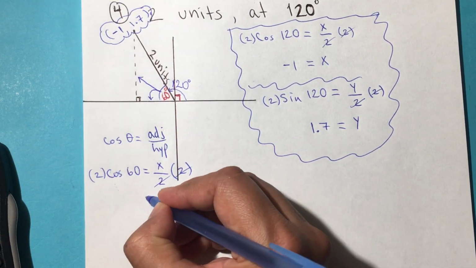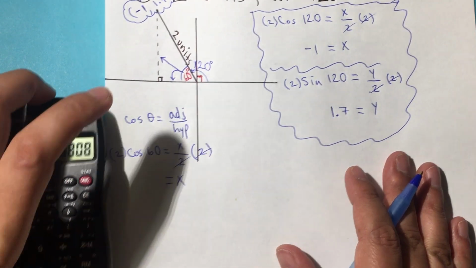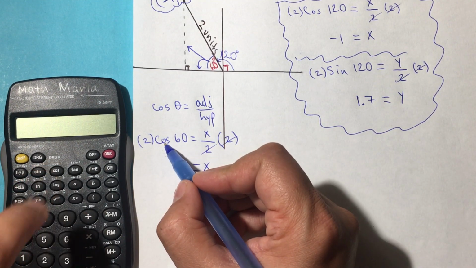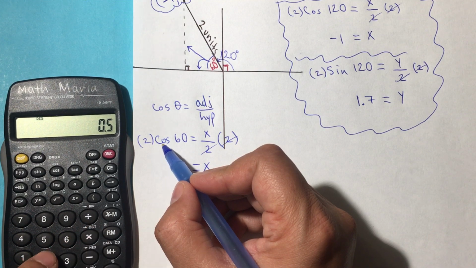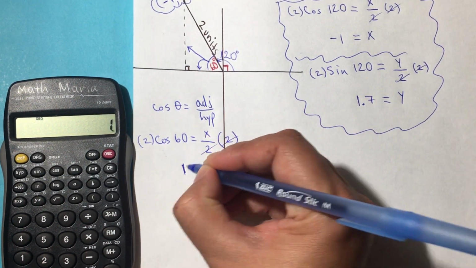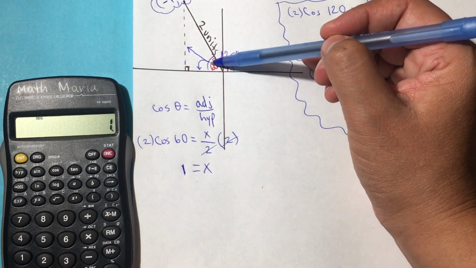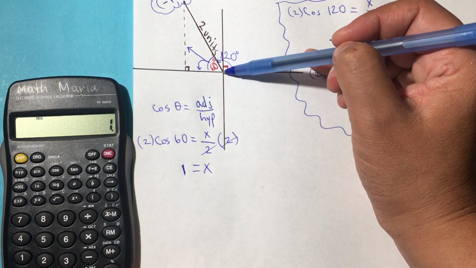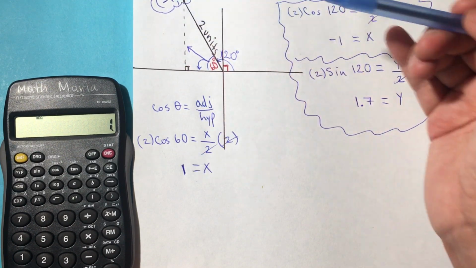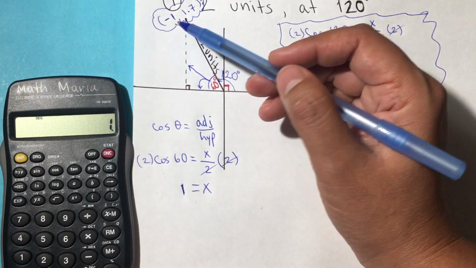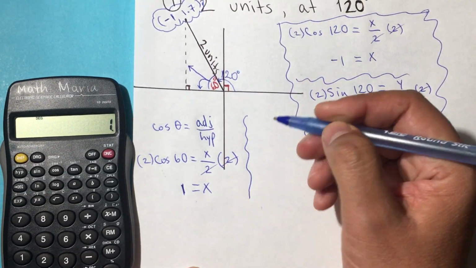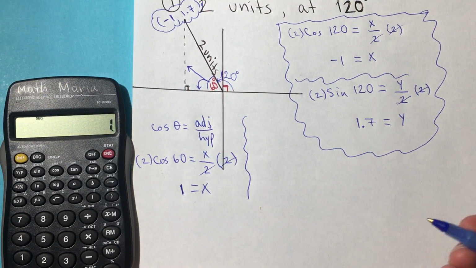This cancels, and x is equal to 60 cosine times 2 equals 1. The only thing that you have to do is that because you're doing it on this side, you know that it's going left, then you add the -1 once you're placing it in your coordinate. Okay, that's the only thing that you would have to do if you decided to use this angle in here.